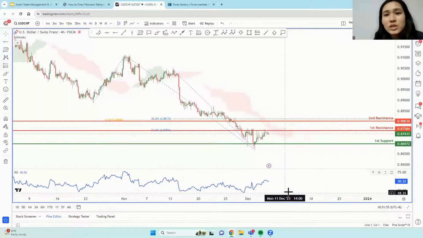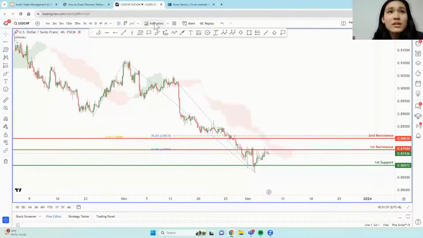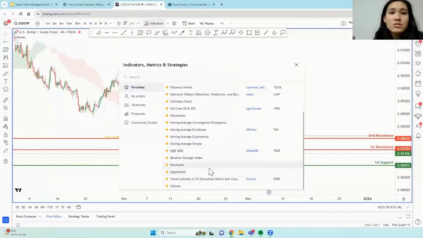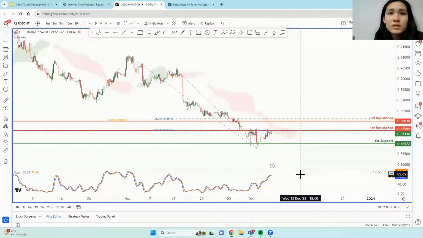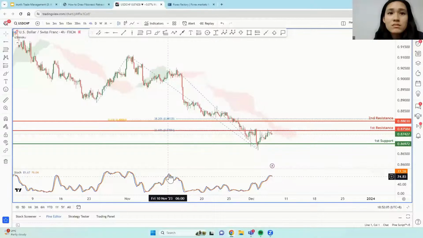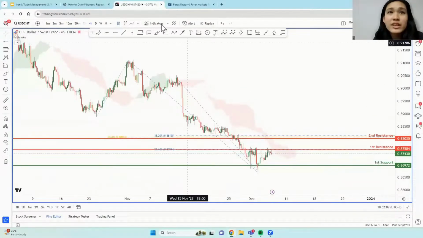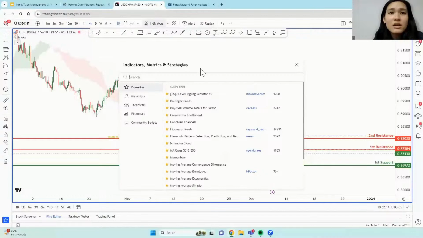RSI is giving us bullish. Okay, so let's remove that. Let's look at stochastic. Okay, stochastic is kind of not telling us anything.